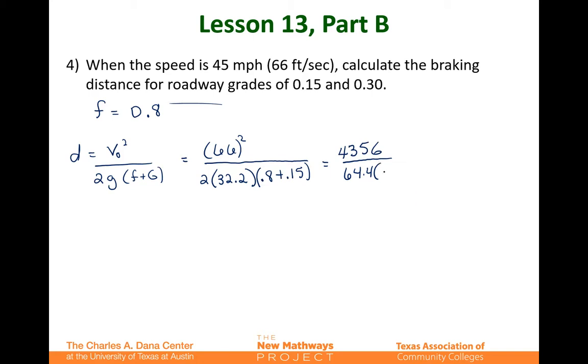That's 0.95, or 61.18. So for a road grade of 0.15, we're getting 71 feet. So we're going to stop just a little faster.